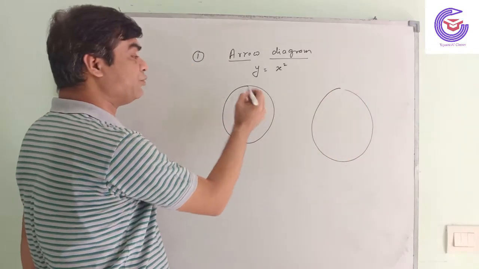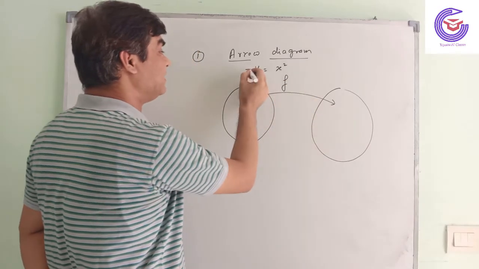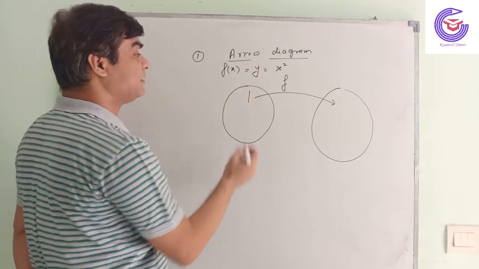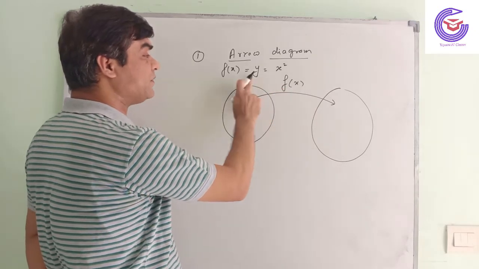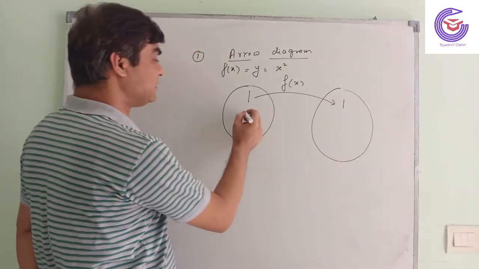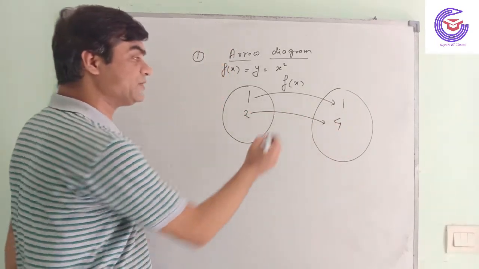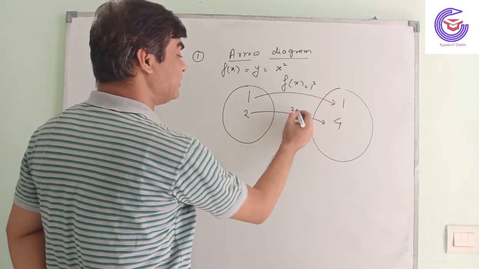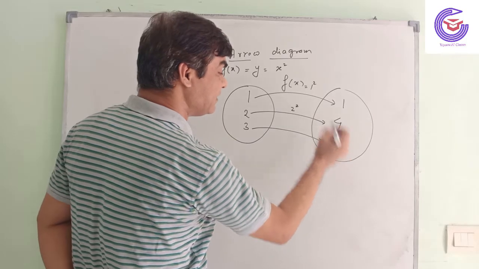Here if you put input 1, your function f(x) is applied. For given input 1, this function is processing 1 square, so this will give 1. Suppose you are giving 2, it is giving 2 square, that is 4. Suppose you are giving input 3, it is giving 9.